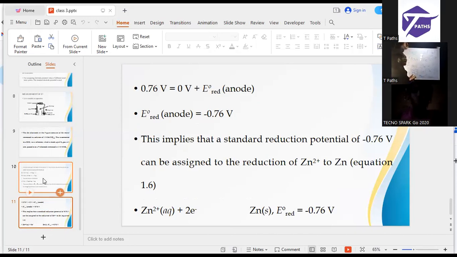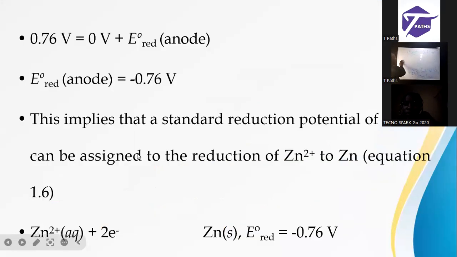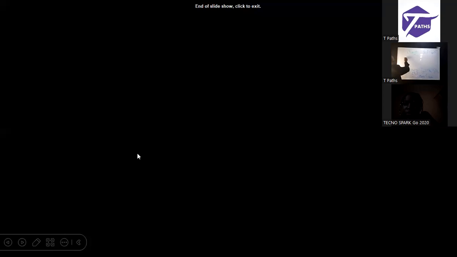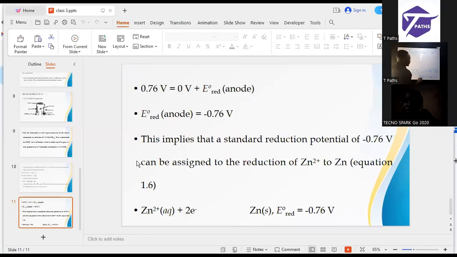From what you read from the voltmeter that time, we observed that the E naught of that zinc itself is 0.76 volts.